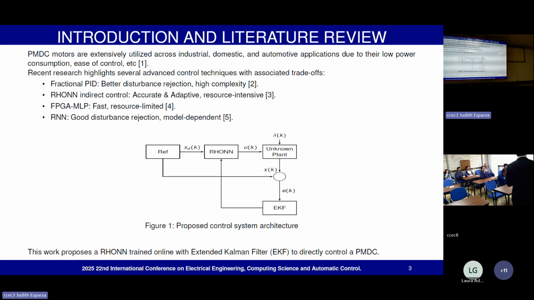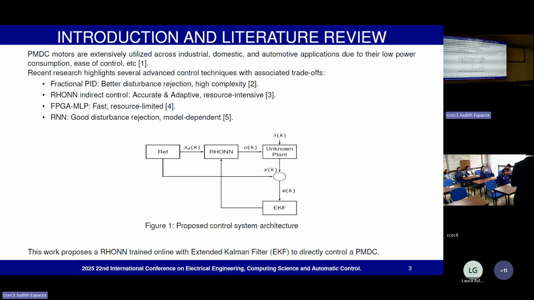Previous work has developed novel advanced control techniques to overcome this parametric uncertainty. These include fractional PID controllers, and also the use of neural networks to indirectly control those systems. Some are based on multi-layer perceptrons, and some on recurrent neural networks.